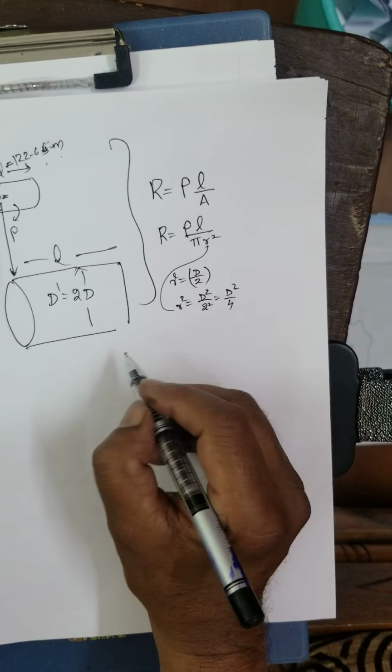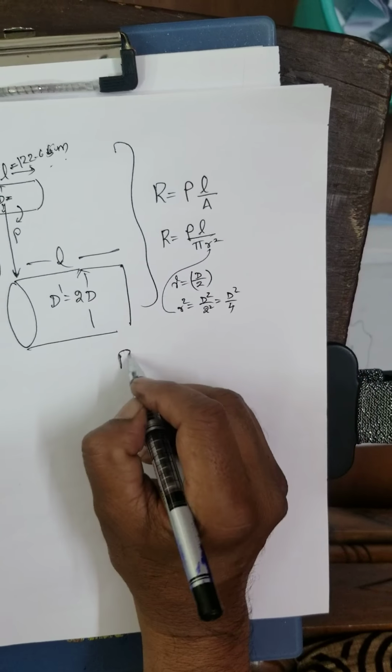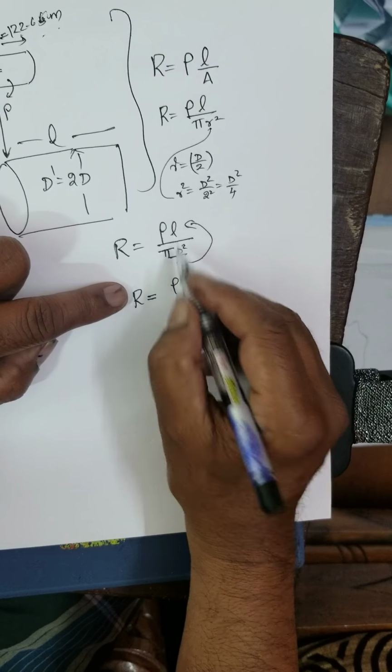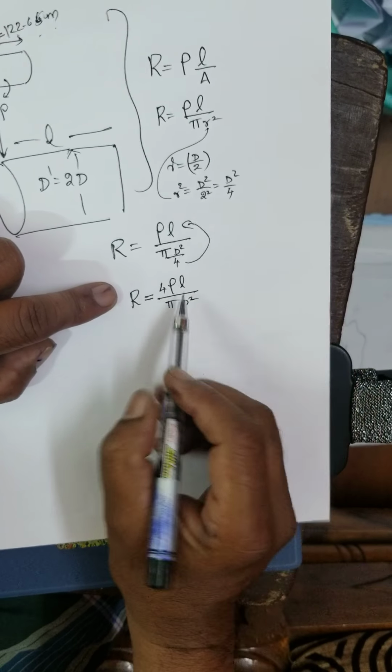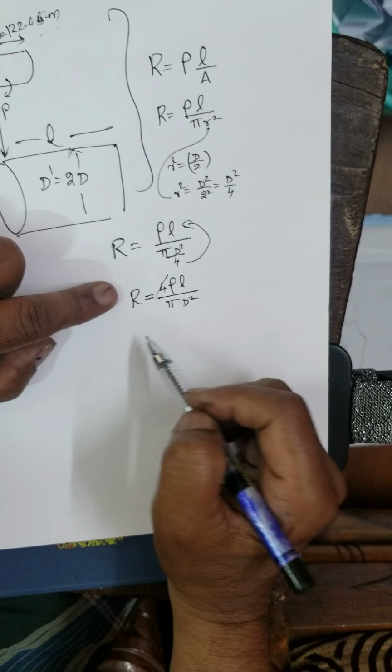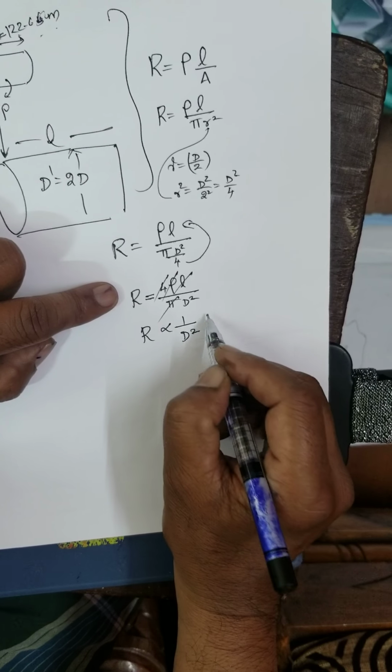You substitute here: R is equal to rho L by pi R square, and R square is D square by 4. This 4 goes up. Therefore, resistance is equal to 4 rho L by Pi D square. Here 4 is constant. Same material, length is constant, pi is constant. Resistance is inversely proportional to the square of the diameter.